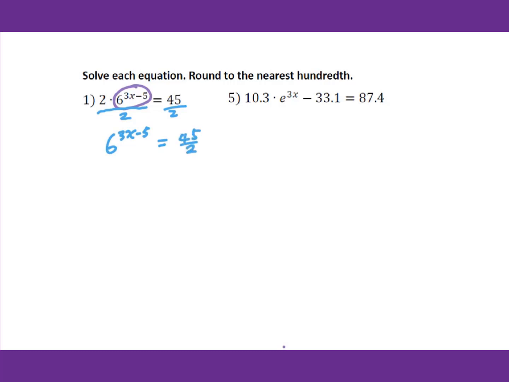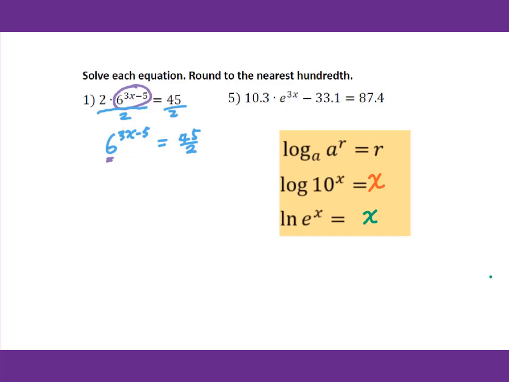We keep this fraction. Look at the base. We cannot make any common base between 6 and 45 over 2. Therefore, you got to take a log both sides.